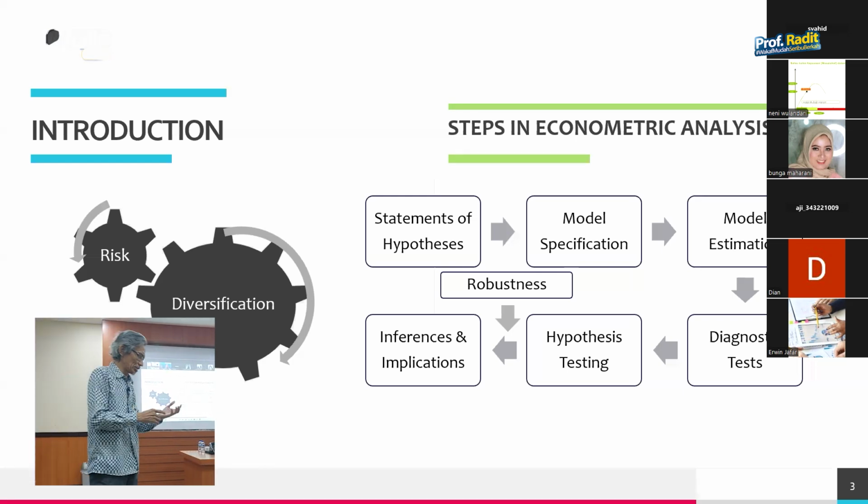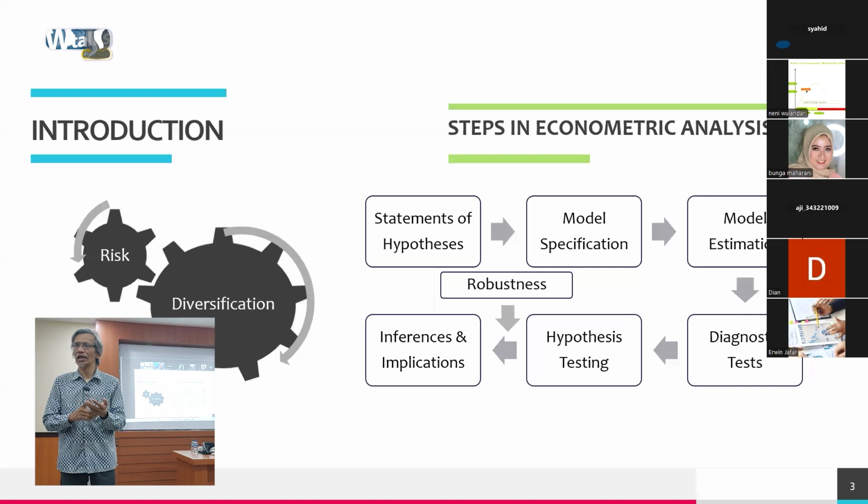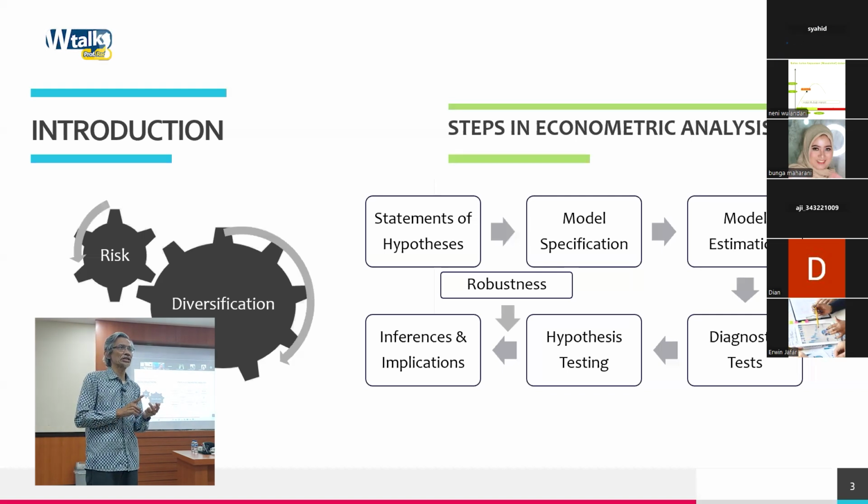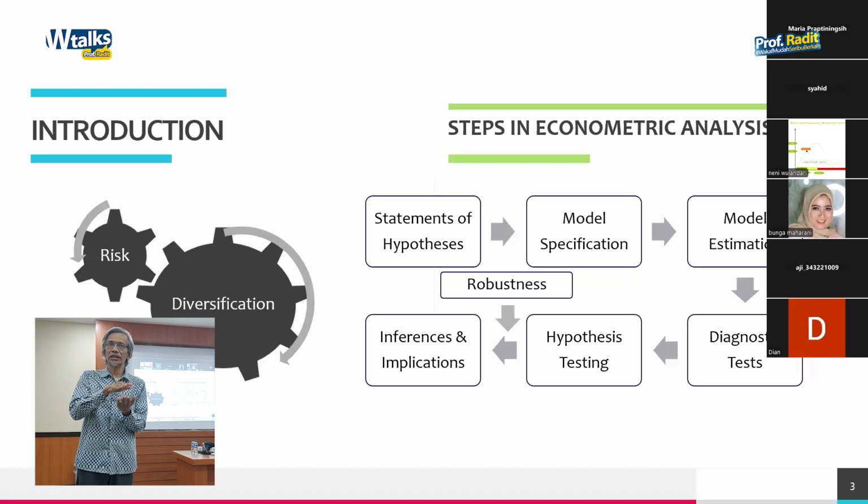When you do research in your thesis or in your articles that you want to send for publication, you must have a hypothesis stated, explicitly or implicitly, as your research hypotheses. Normally, you state your hypothesis in your objective, right?